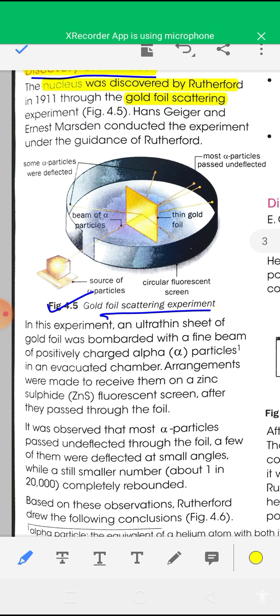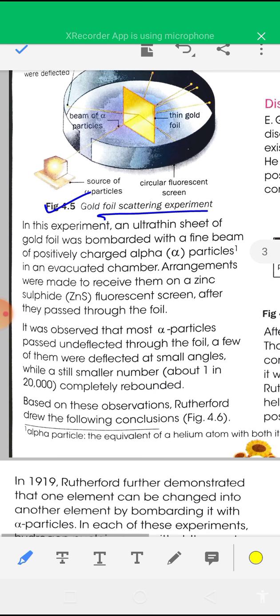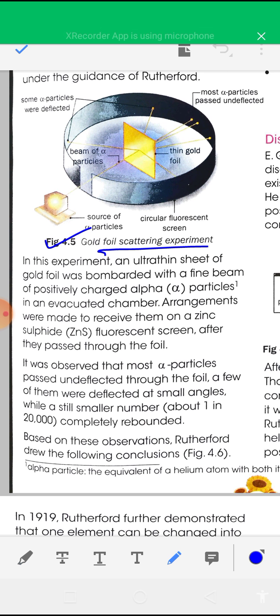That is, Rutherford bombarded a very thin sheet of gold foil with positively charged alpha particles in an evacuated chamber, and he observed that most of the alpha particles passed undeflected through the foil, a few of them were deflected at very small angles, and a still smaller number, about 1 in 20,000, completely rebounded.